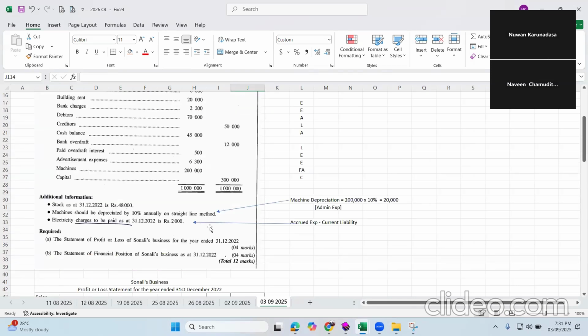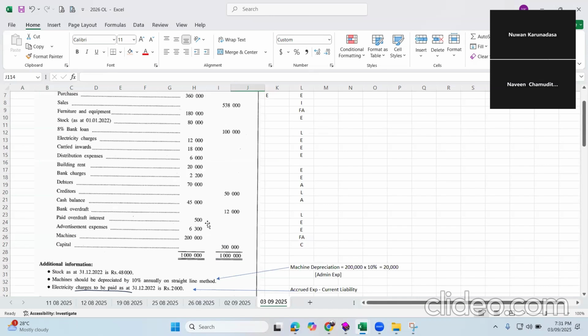This is the current liability. Just check the trial balance for how much we have paid. Now see, the paid amount is 12,000. Electricity charges given on the trial balance as a paid amount is 12,000. Unpaid amount is 2,000.